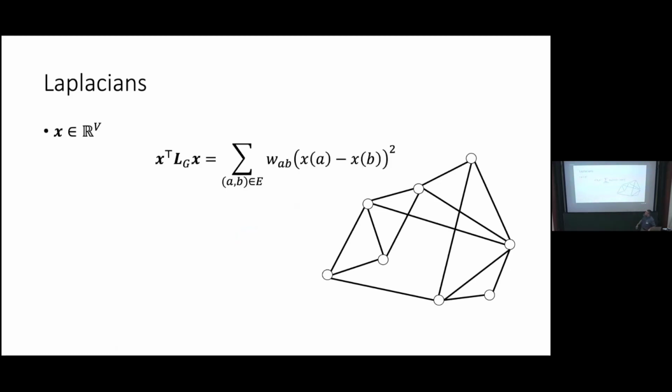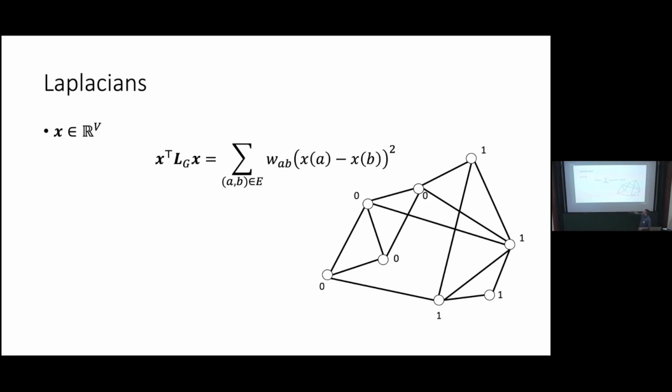This Laplacian matrix has a lot of nice properties. For example, if we have a vector x that defines the potential of an electrical flow, then this expression gives the energy of that flow.